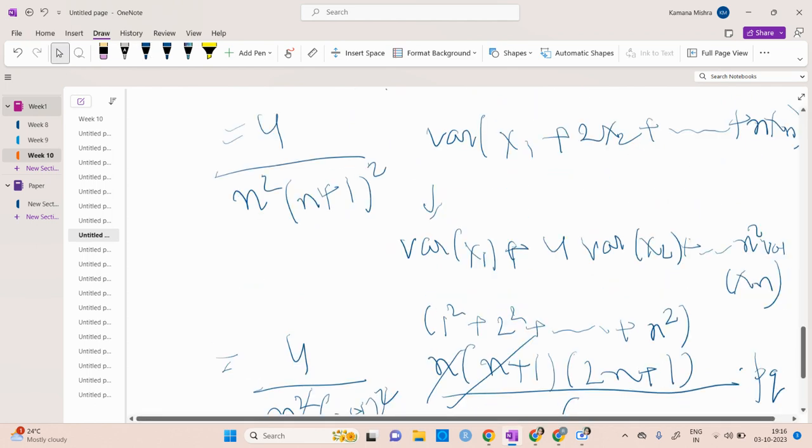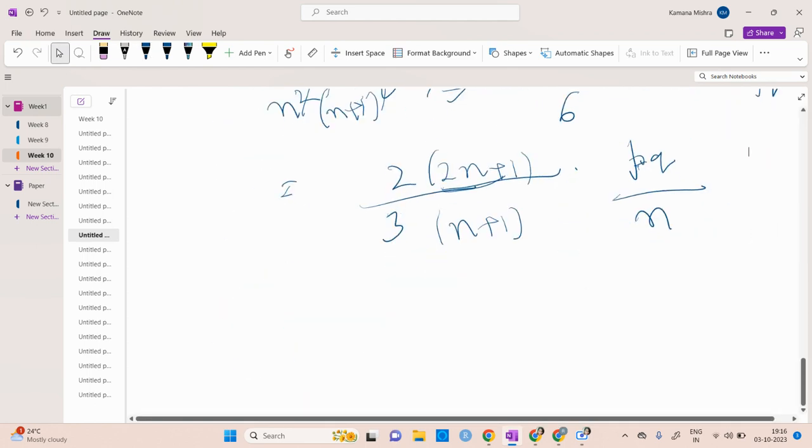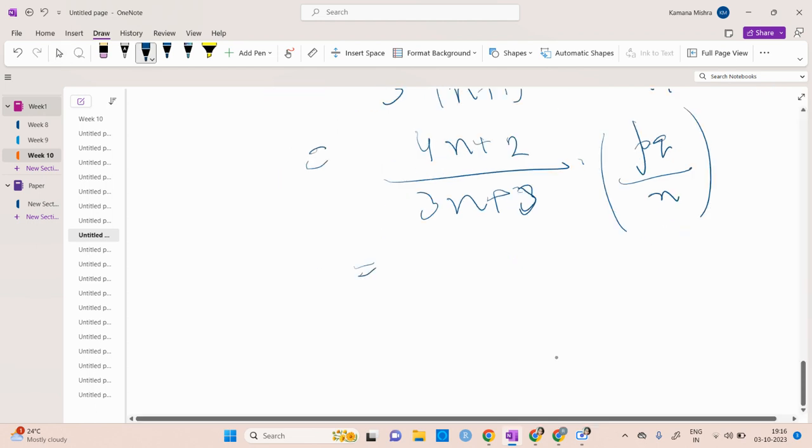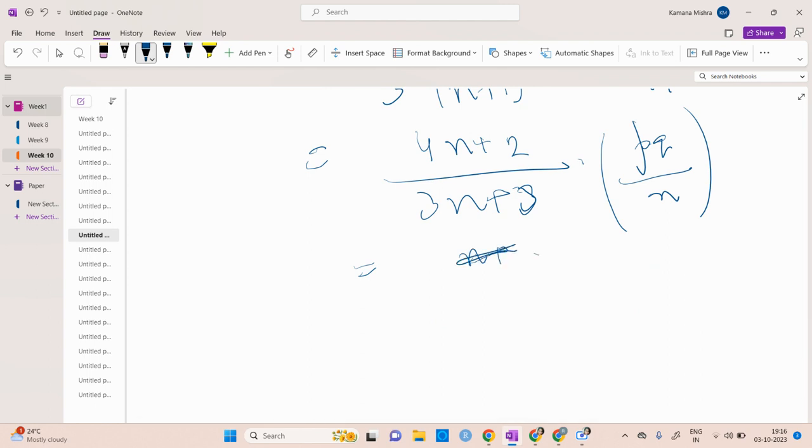Now between T2 and T3 we need to find which one is better. So what we can do is that it will be (4n plus 2) divided by (3n plus 3) times pq upon n. Right? So now we can take n common: 4 plus 2 upon n and 3 plus 3 upon n.